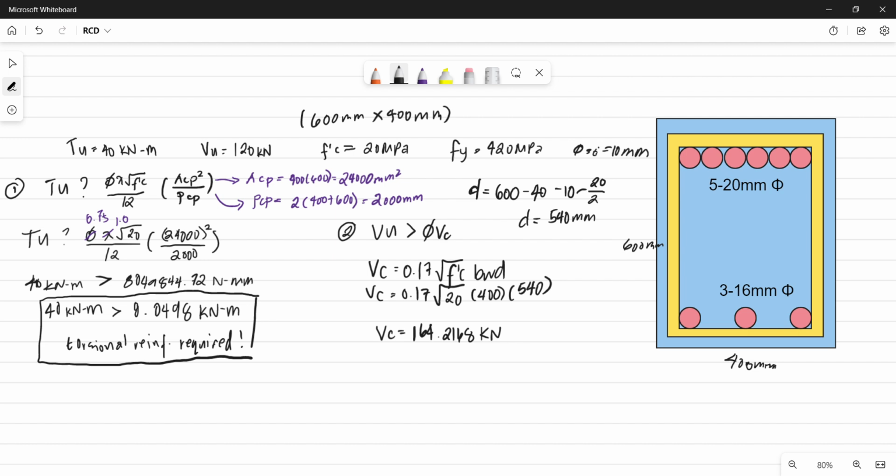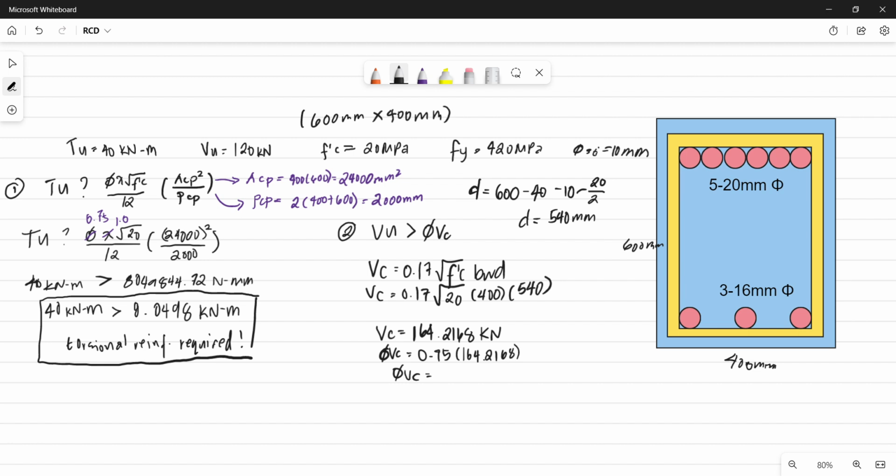So your VU, or let's compute your VBC. VBC is equal to 0.75 of your 164.2168. VBC is 0.75 times 164.2168.